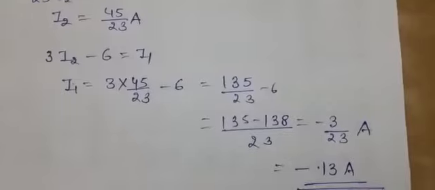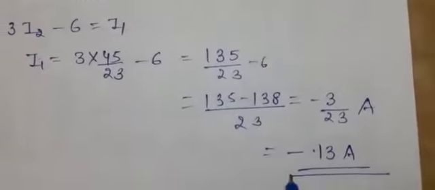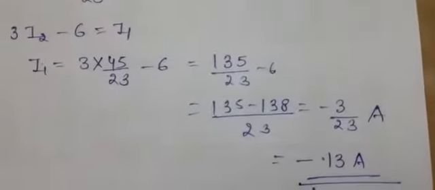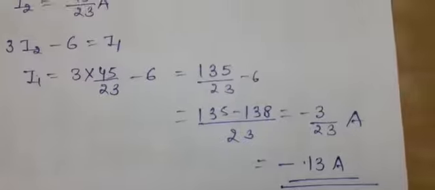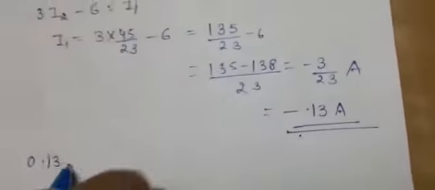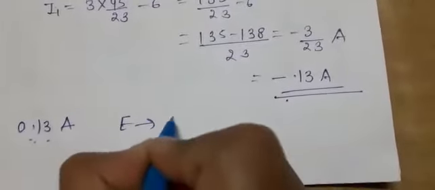So now a new concept arises here: the negative sign of current. What does it indicate? It indicates that the actual direction of current is opposite to the chosen direction. So the negative sign indicates that the 0.13 ampere current is flowing from E to B branch.